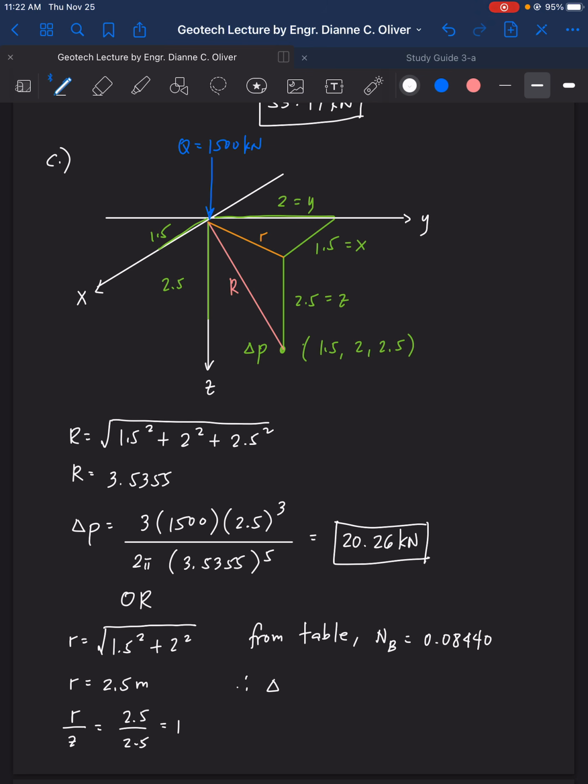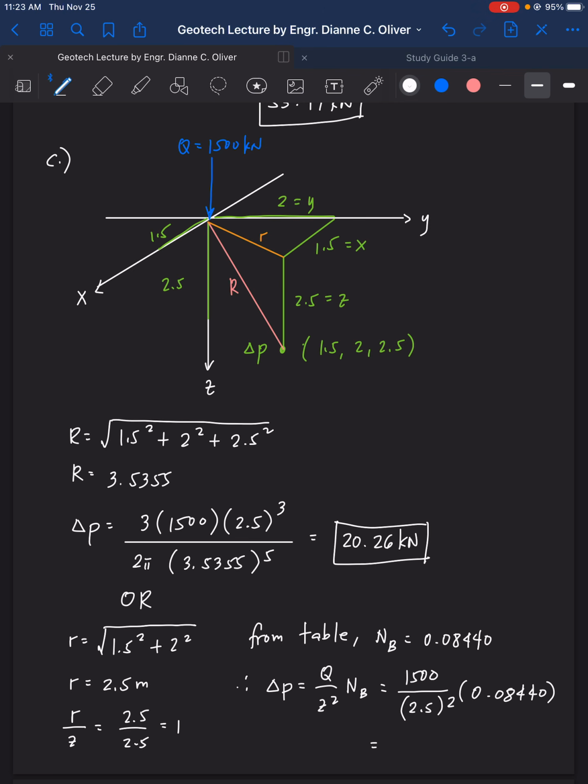Therefore, delta P is equal to Q over Z squared times N sub B, which is 1,500 over 2.5 squared times 0.08440.